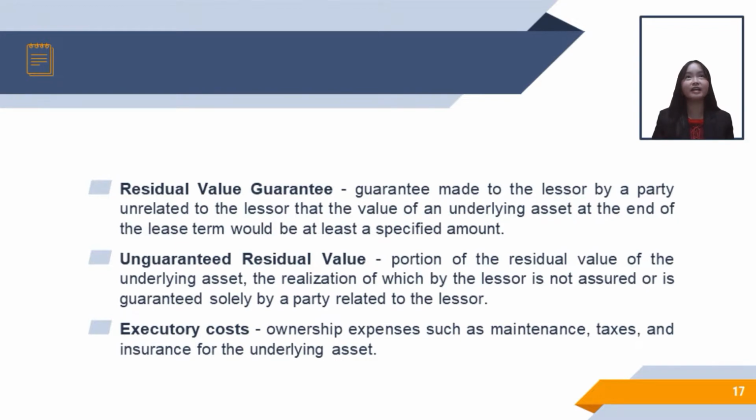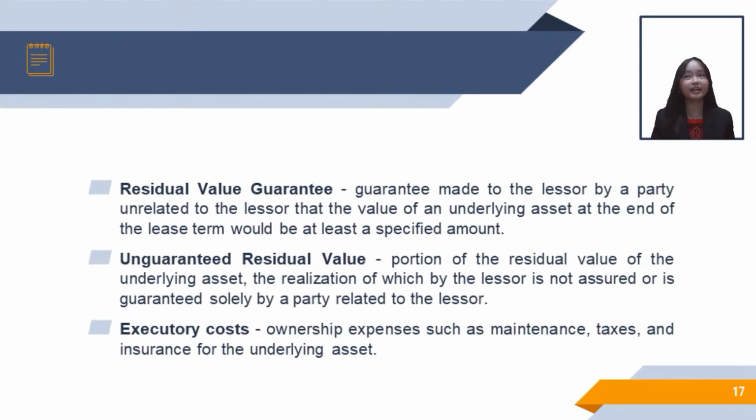If sinabi ni lessee na at the end of lease term, dadagdagan niya ng 20,000 para maging 200,000 ang fair value ng property, guaranteed ang fair value. But if unguaranteed, kung ayun nga, nagkulang yung fair value ng property, pag unguaranteed, hindi pala si lessee ang magbabayad ng kulang. Rather, yung other party.